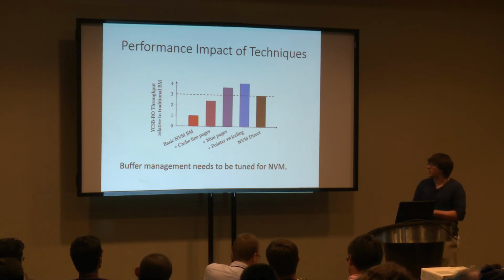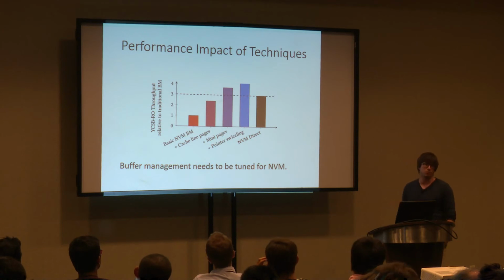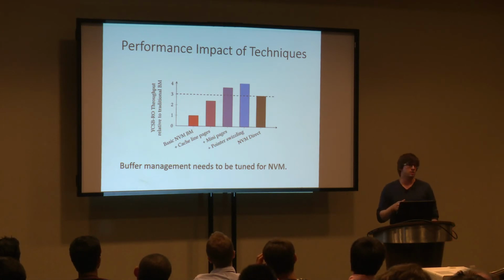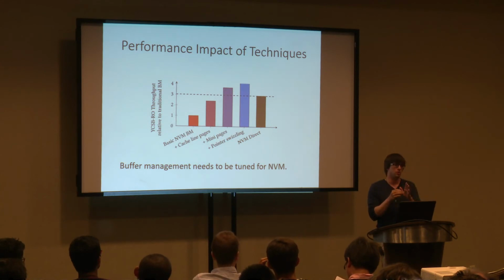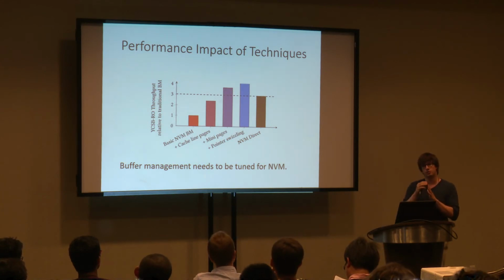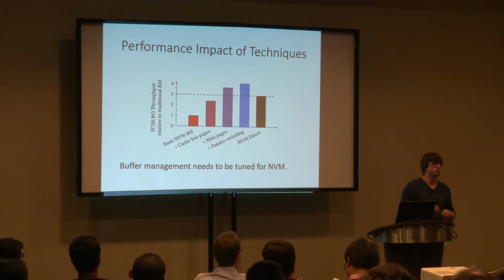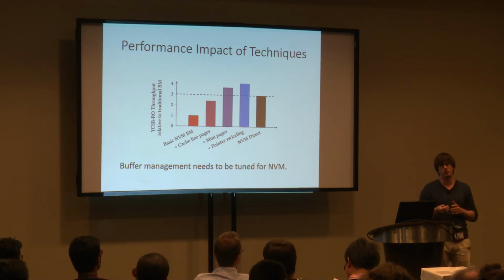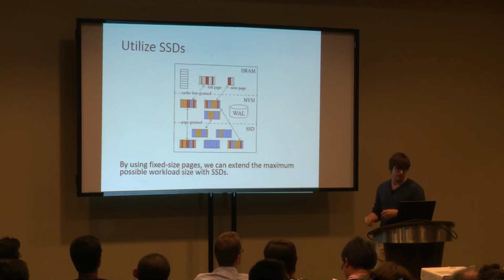And as we see, by adding cache line grained loading, mini pages, and pointer swizzling, we can get to a point where we outperform the NVM direct system. So now we solved in our dream chart the first two sections. With pointer swizzling, we get competitive with in-memory systems. With cache line grained loading and mini pages, we get competitive with non-volatile memory direct systems. And we still have to add SSDs to the whole thing.